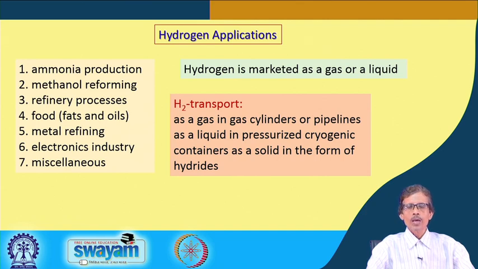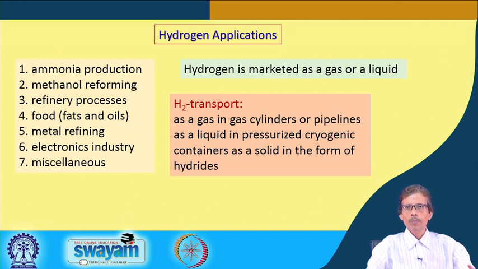Those MOFs are also utilized for gas absorption, and different laboratories are working on how good those MOFs are in storing hydrogen gas. Because in the metal organic frameworks you can have the extended ligand framework which is coordinated to the metal ions.